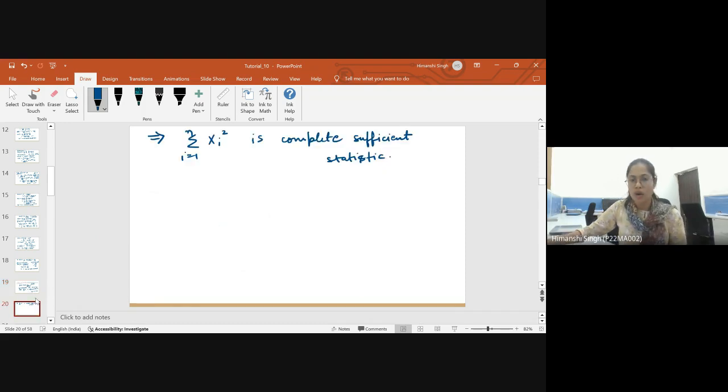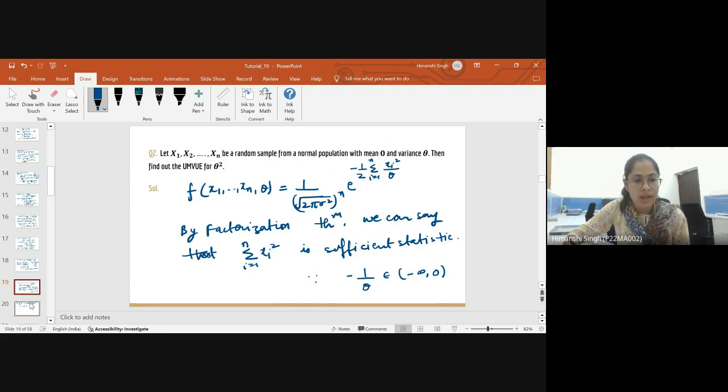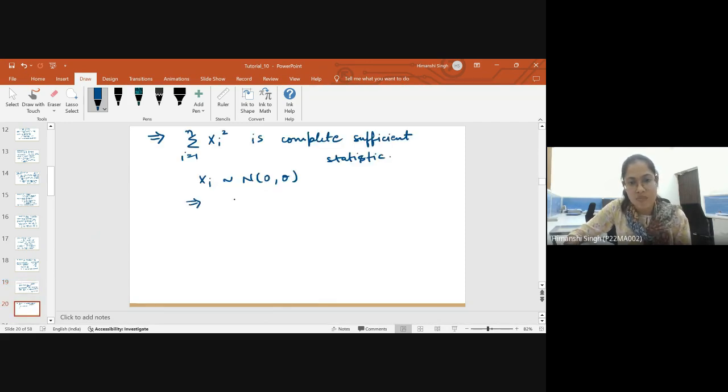Okay, so first of all we'll see that xi follows normal 0 comma theta. So this is the distribution for xi. This implies xi by under root of theta, the standard deviation, follows normal 0 comma 1.